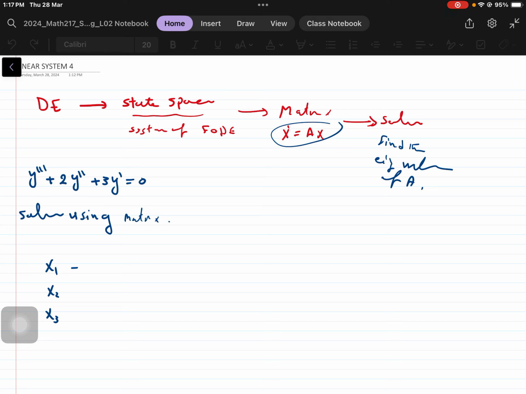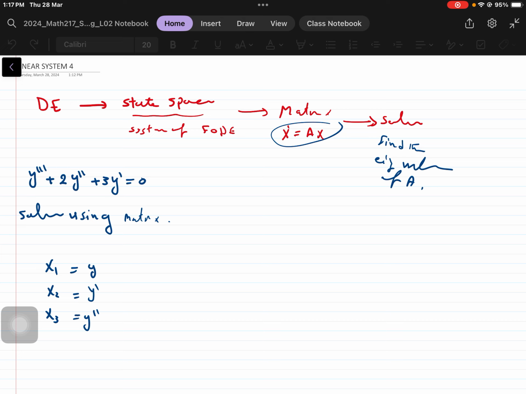And we normally give them y, y dash, and y double dash. So those are the states. States means we give a name to every measurable quantity in the system. We have a system, we have measurable quantities.